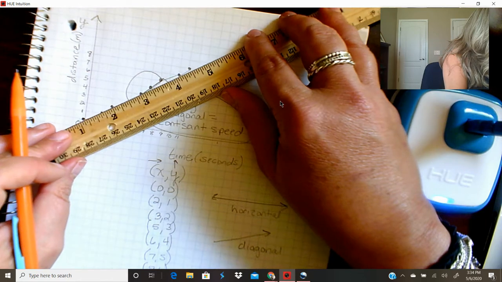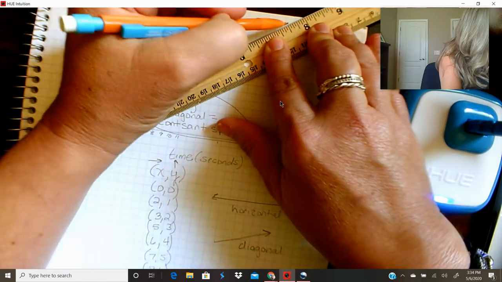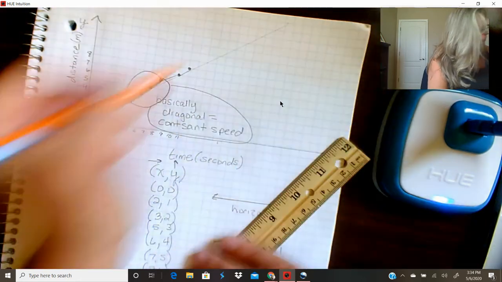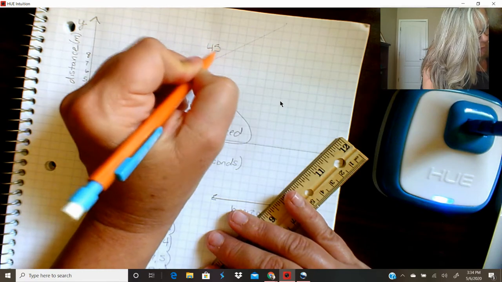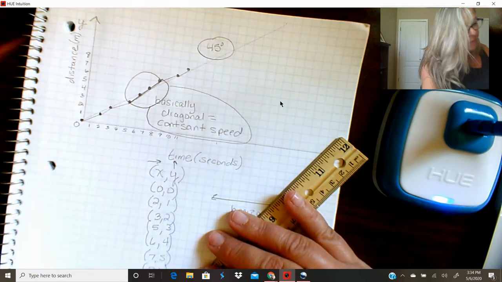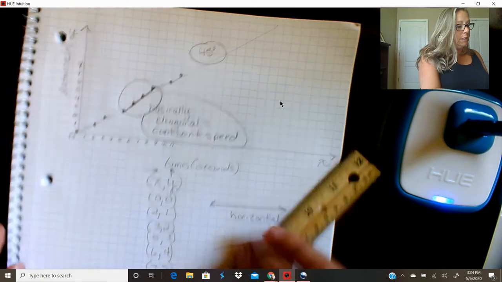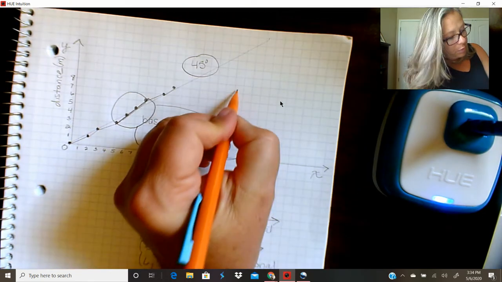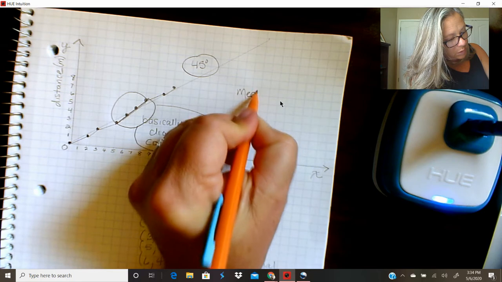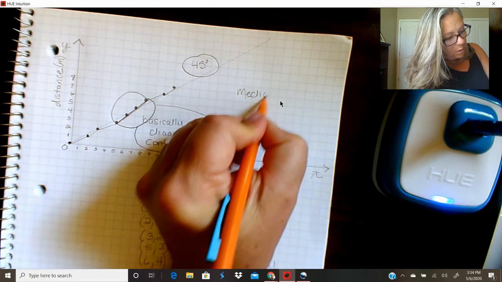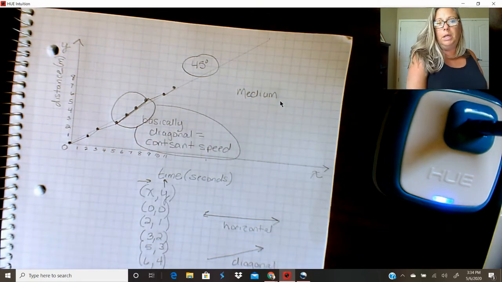If I did it really straight, it's almost the way we did it, pretty much a perfect 45, which is a nice medium speed represented on a distance time graph. So basically, this is just a medium constant that Nick walked, and we did a pretty good job of maintaining a medium pace with also me collecting the data fairly accurately.